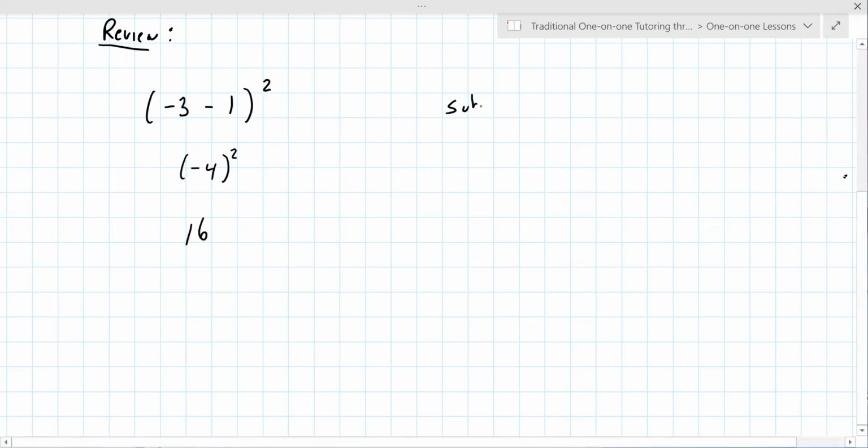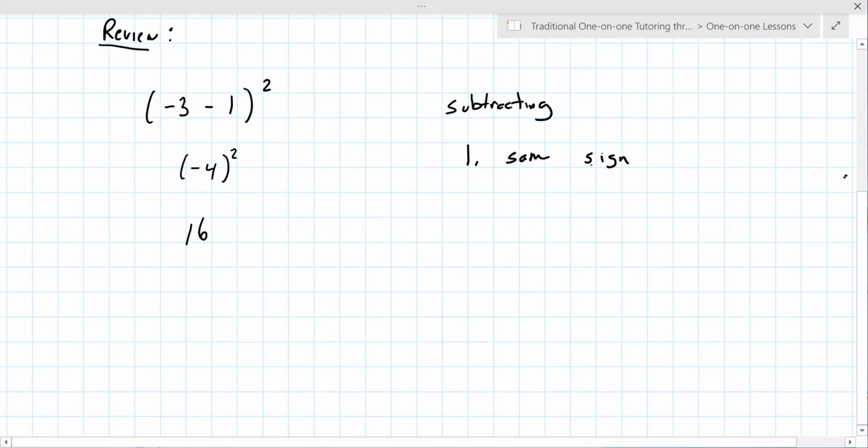So when you're subtracting, there's really only two possibilities. If they're the same sign, and do you agree that minus 3 and minus 1 are the same sign? Yeah.